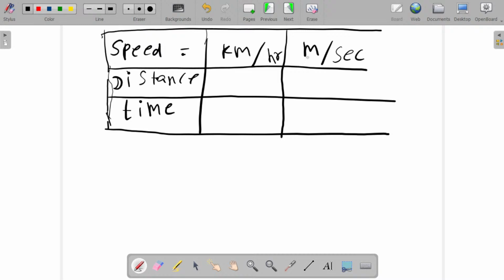For distance, it's kilometer or meter, and time will be in hour, or HR for short, or second.